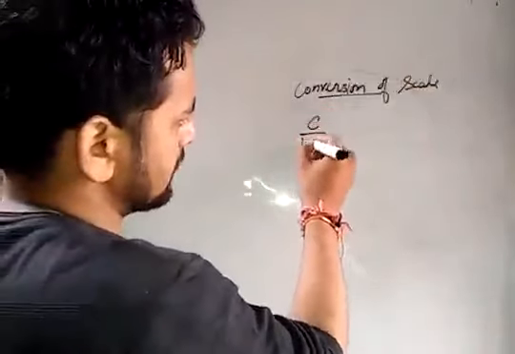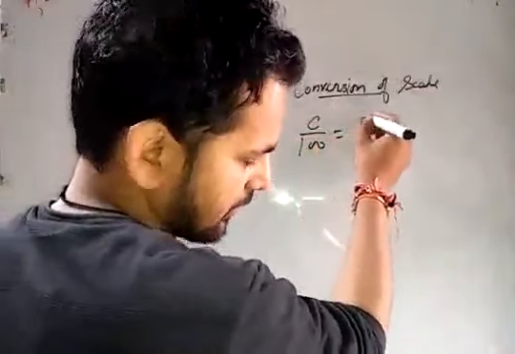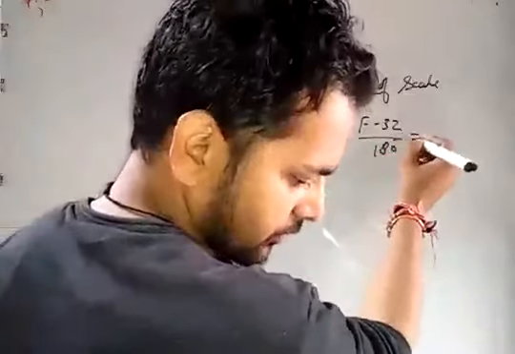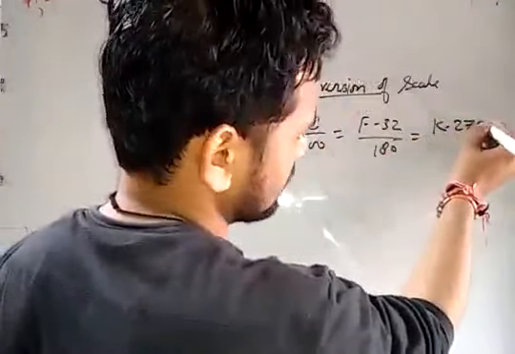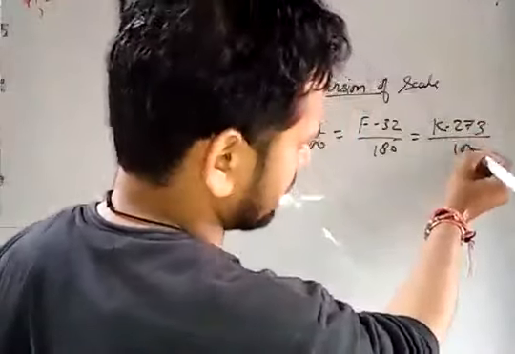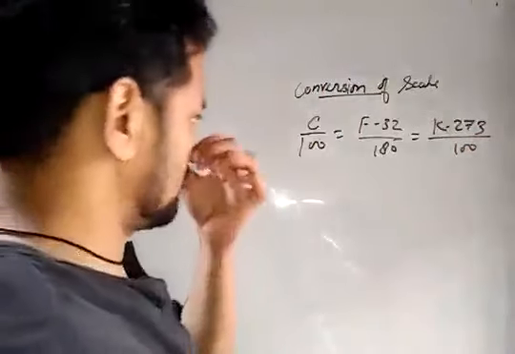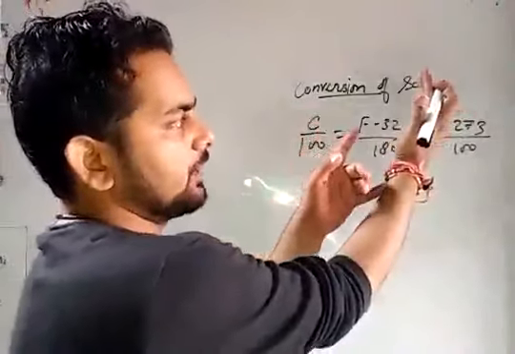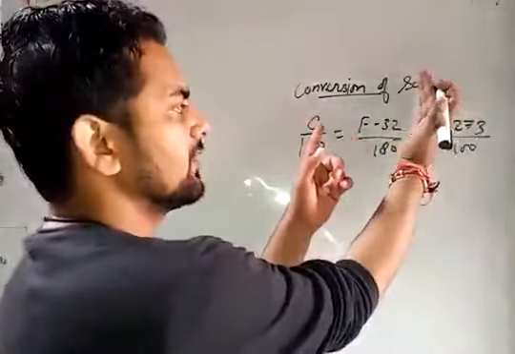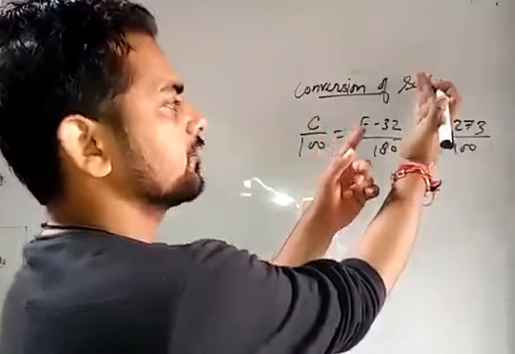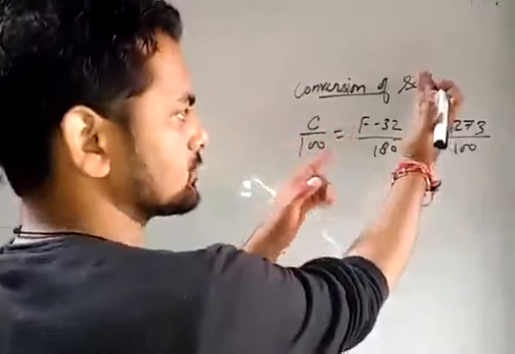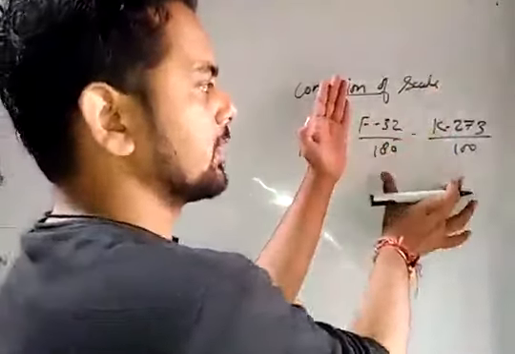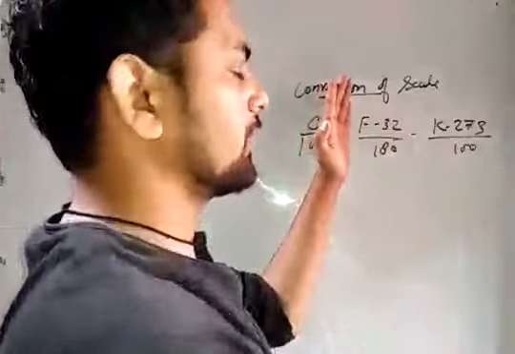C upon 100 equals F minus 32 upon 180 equals K minus 273 upon 100. If you have the Celsius value and want to find the Fahrenheit value, you put in the Celsius value and find the Fahrenheit this way. If you have the Kelvin value and want to find the Fahrenheit value, you use this formula and find the Fahrenheit value. Got it?